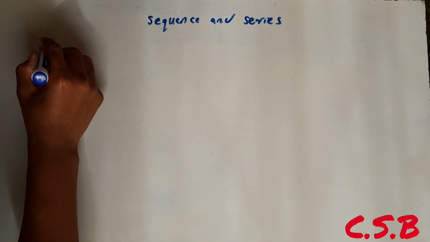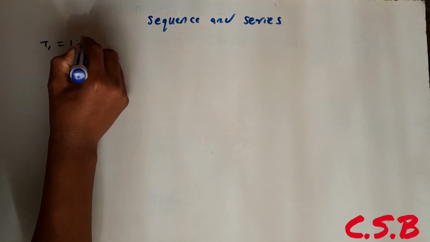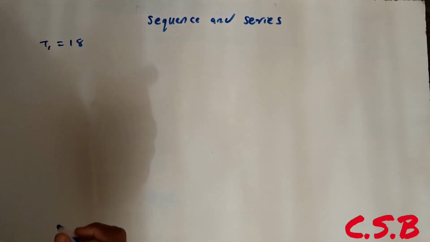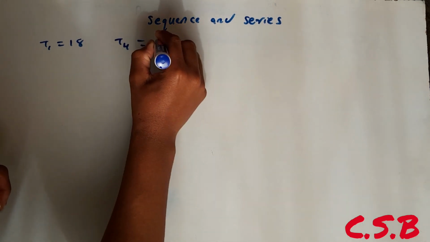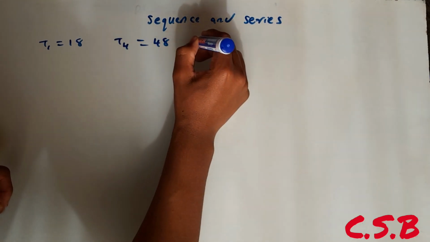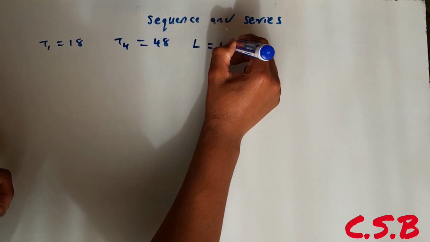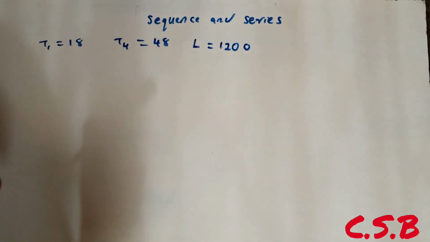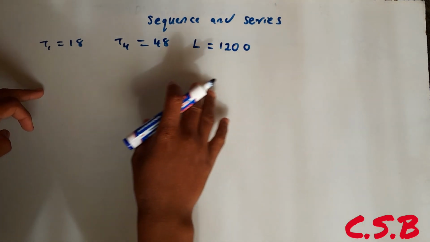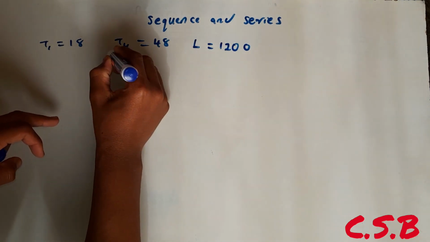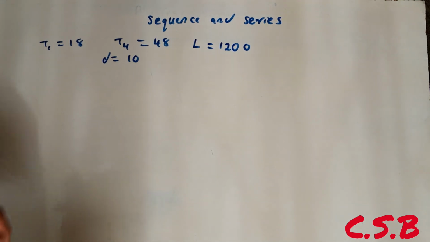It was given that T1 was equal to 18, our T4 was equal to 48, and our last term was equal to 1200. Then we solved d, and d was equal to 10, right?